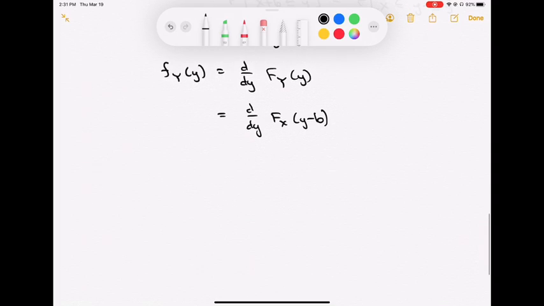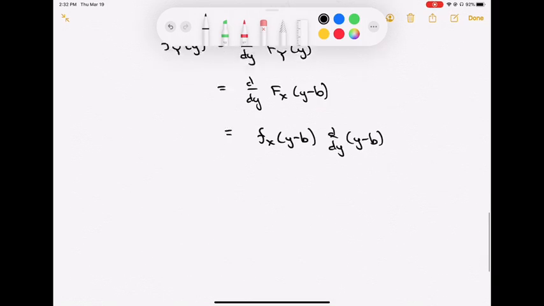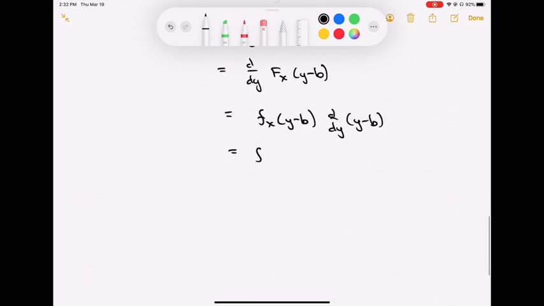The derivative of a CDF does indeed give us the PDF, so I'm going to get little fx of the argument y minus b, and then I need to take d/dy of y minus b. You have to differentiate that argument as well. This is basic calculus. Well, in this particular case, d/dy of y minus b is just 1, so I just am left with the result fx of y minus b. It is exactly what we would have expected.